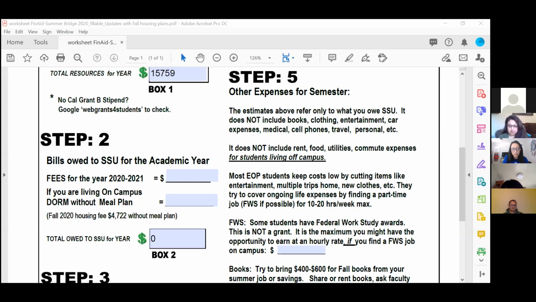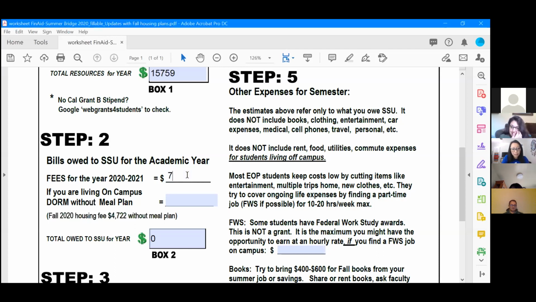That's per semester. So let's do that calculation. $3,976 times 2 will be $7,952. Okay, can you all see my estimated budget worksheet again? Mm-hmm. Perfect. Thank you.